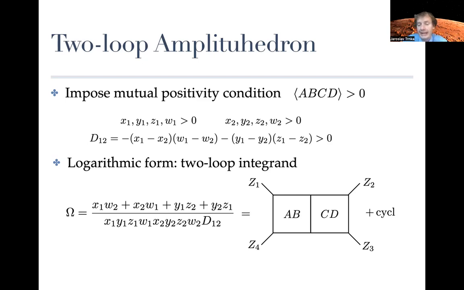If we change back from these parameters to AB and CD, which are the loop momenta written in momentum twistor space, we get a sum. We can interpret it as a sum of double box diagrams plus cyclic friends. So we can see here explicitly that it gives us the integrand of 4-point amplitudes in N=4 super-Yang-Mills that we know.